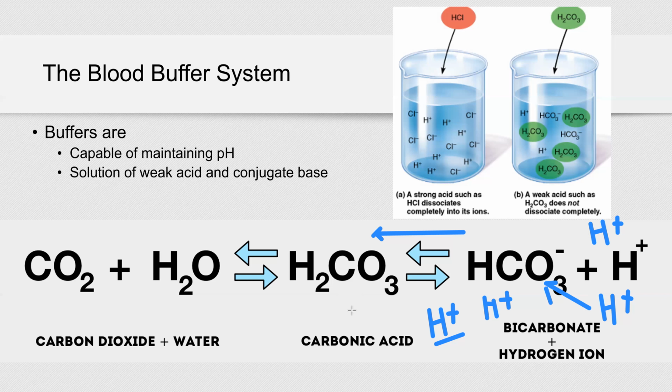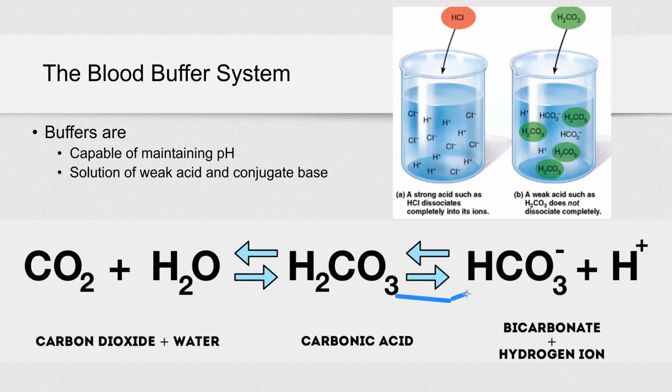Now, if we don't have enough hydrogen ions, then this reaction will shift in the opposite direction. Then this carbonic acid will dissociate and it will release more hydrogen ions. So you become less alkaline. You increase your acidity if you need to, right?